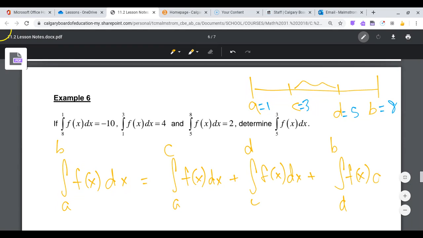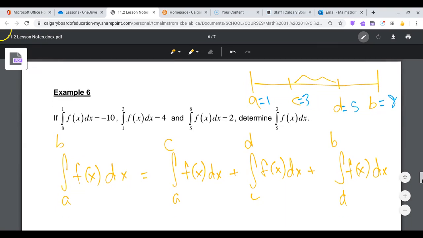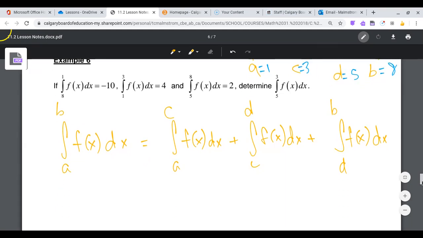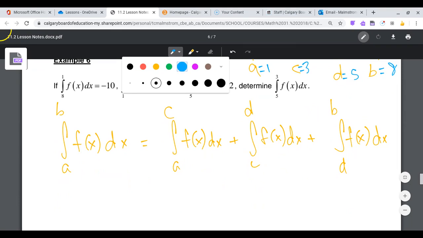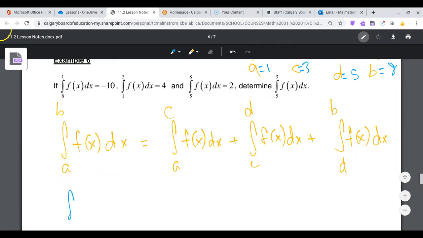So it's okay, we can add in pieces in the middle of this and make up our expanded rule for this property. Okay, so then I'm going to fill this in with what I know of my boundaries. I've said that A is 1 and B is 8.